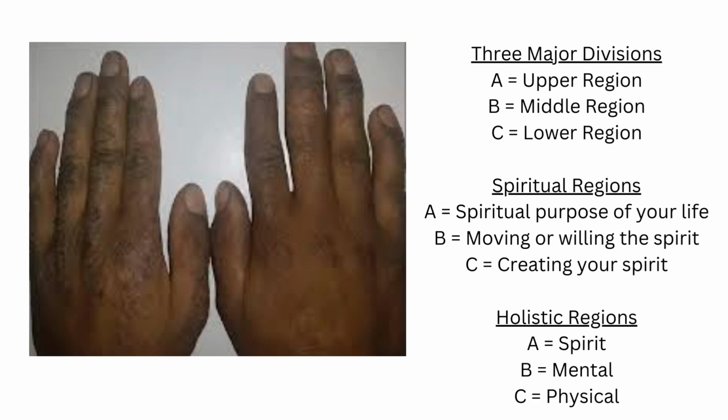But the left hand is zone A. And on the right hand, I don't see the zone A in the hand. So we would look more deeply into that. But yeah, so anyway, zones A, B, and C.